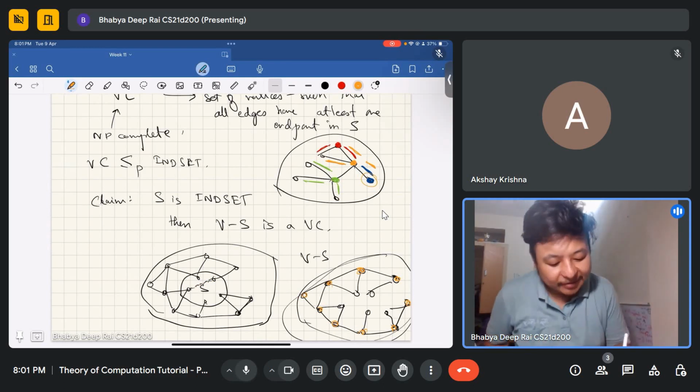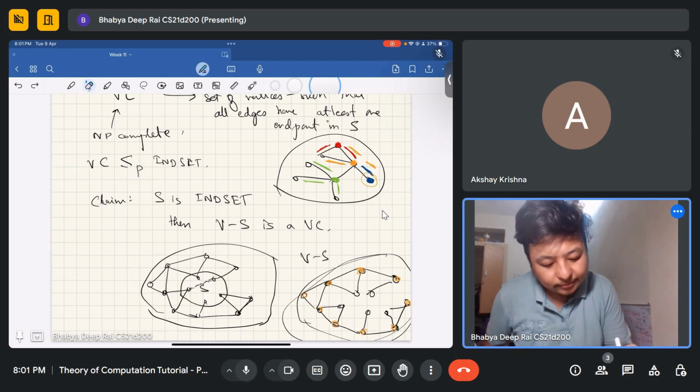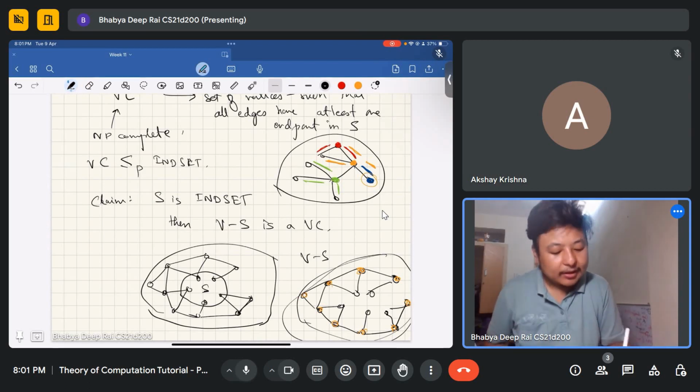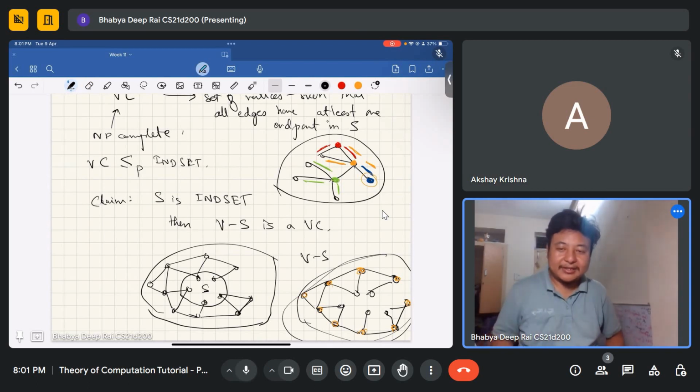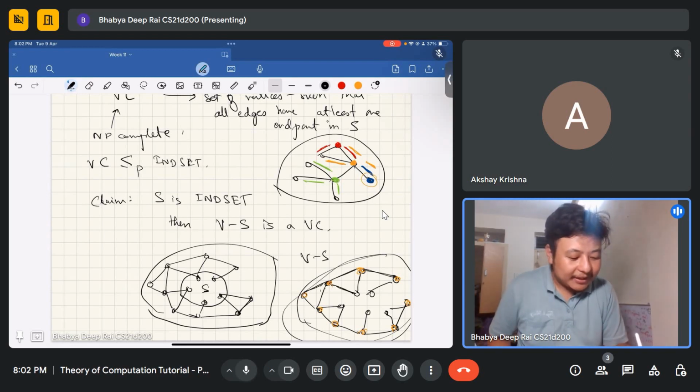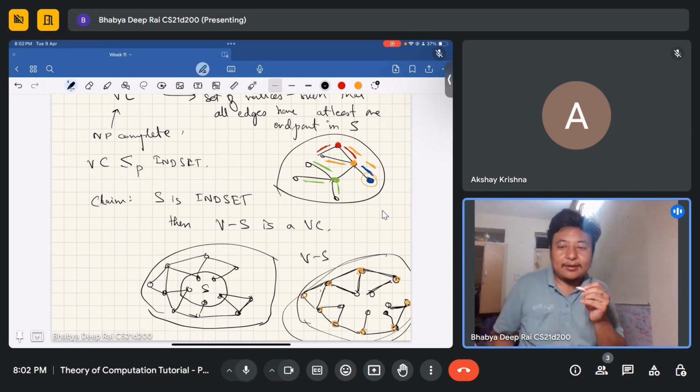But suppose this is an independent set. Then what happens? If I look at only the vertices which belong to the others, then first of all they are covering every edge among themselves, and they are covering all the edges to the vertices of the independent set.